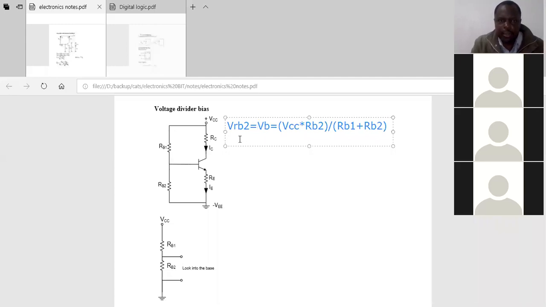So the other equation that I mentioned was that VB, the same voltage we have there, should be the same as VBE plus IE RE.